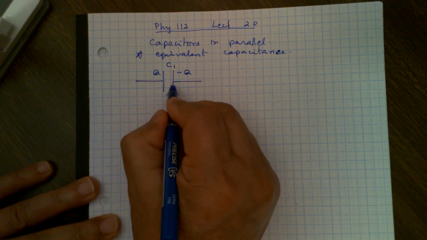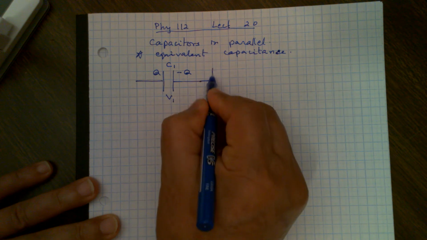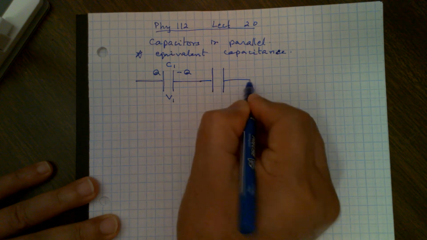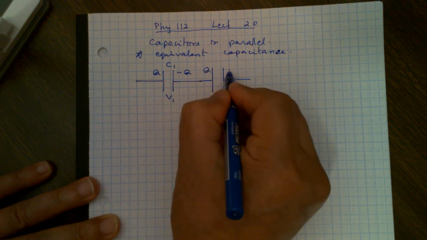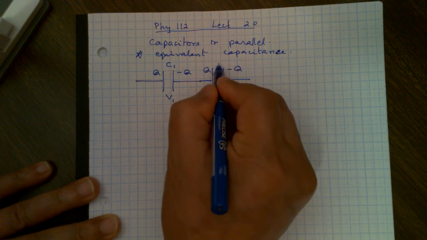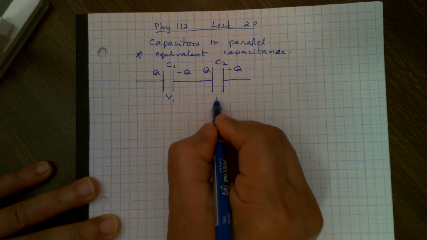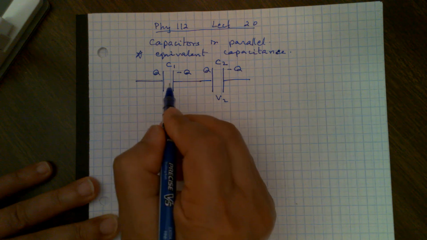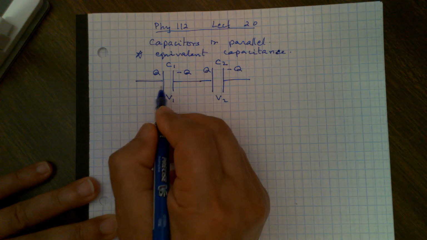Then the wire coming out from the negative plate of this capacitor goes and joins the positive plate of the next capacitor. So this is negative Q, then it will be positive Q, negative Q. The capacitance will be C2, and the potential difference will be V2, and so on. If you put capacitors in this fashion, we call it capacitors in series.